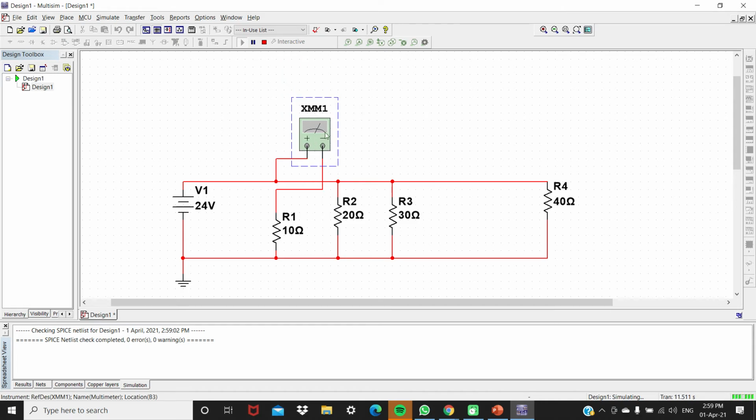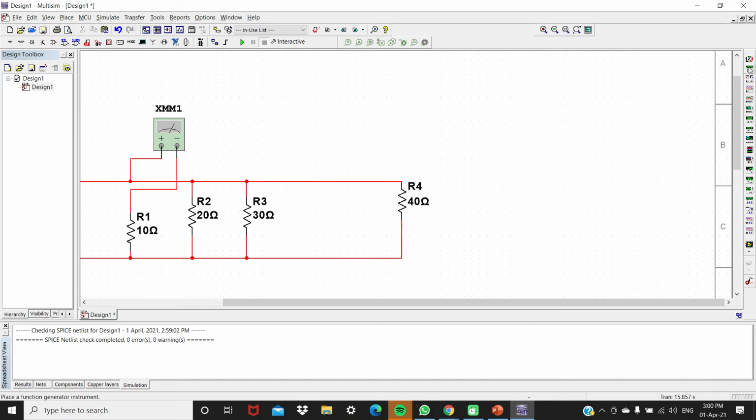Okay, now let's look at the current. What's the current? 1.2. Okay, now do the same for R4. Put another meter. So where do we get a second meter? Sorry, wrong meter.